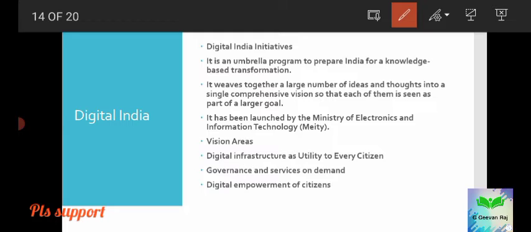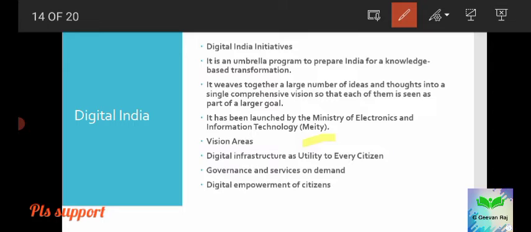It weaves together a large number of ideas and thoughts into a single comprehensive vision so that each of them is seen as part of a larger goal. It has been launched by the Ministry of Electronics and Information Technology, in short form MeitY.